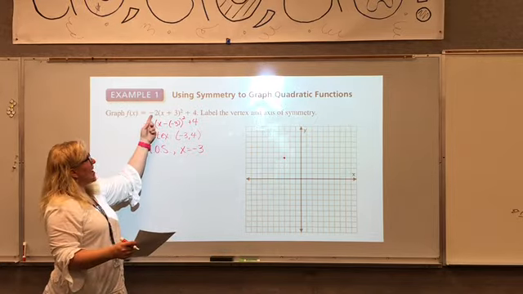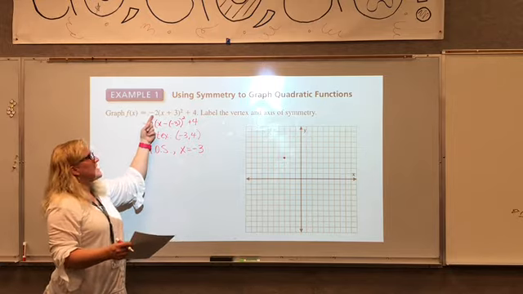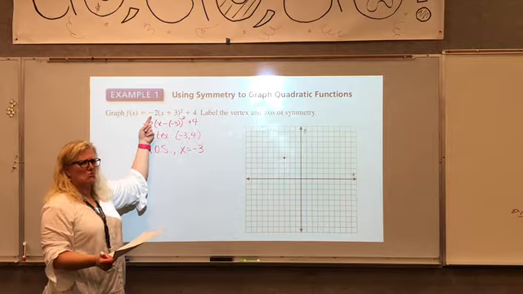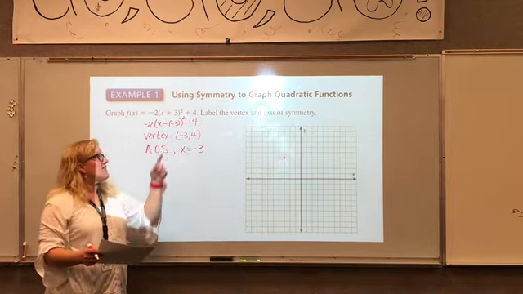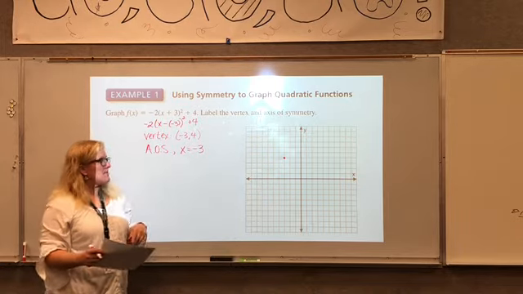Now this is when I can look and see if it opens up or down. This negative out front tells me that it opens down. If you see a negative out front, the way I remember it is somebody's negative, so they frown, which means it opens down. If it's positive, people are happy and they smile, that means it opens up.